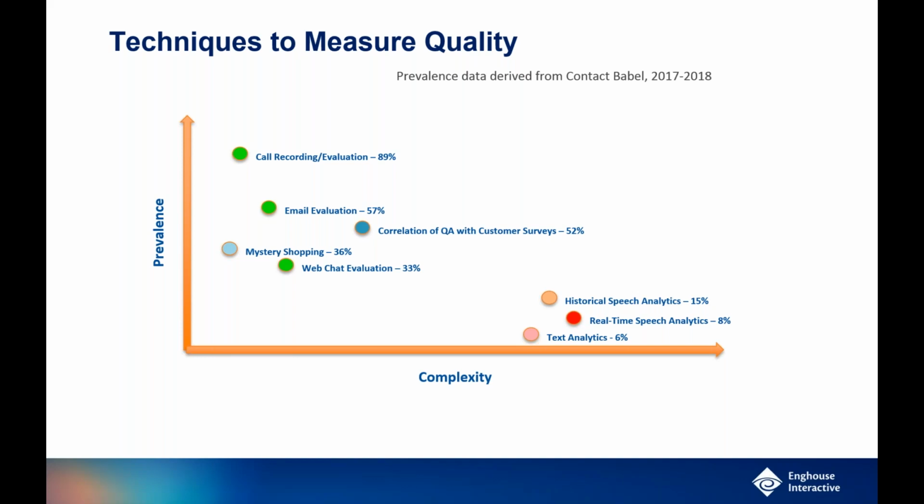Much more sophisticated, and as a result, much lower prevalence, again, because of cost and complexity, but also because some of these techniques are very new to the market and are still evolving.